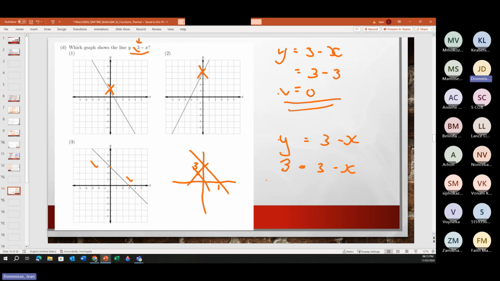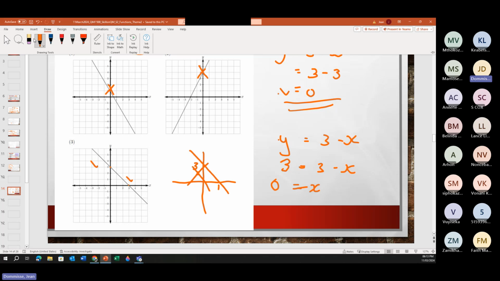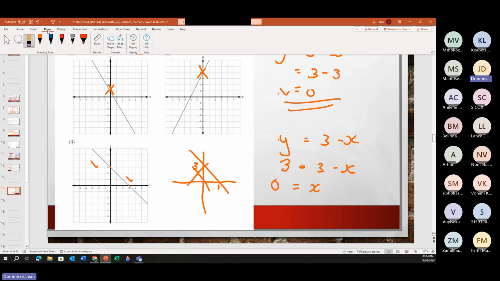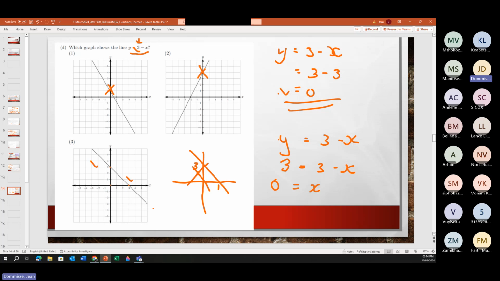So both sides 3 minus 3. So we will actually get that minus x is 0. So it doesn't matter if it's minus x or x. And we can also then see, well, yes, that would have been also where x is 0.